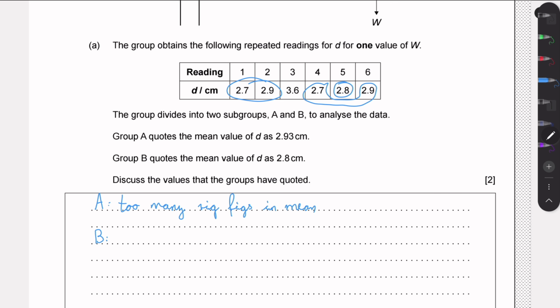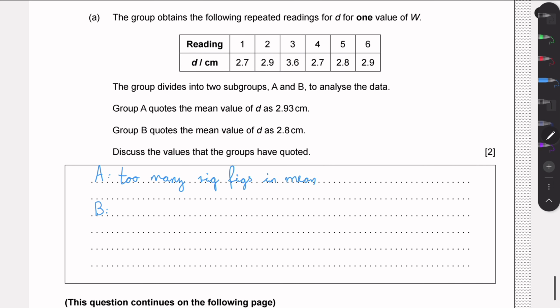So a mean of 2.8. So 2.8 is the average of these 5 numbers. So they considered 3.6 to be an outlier.